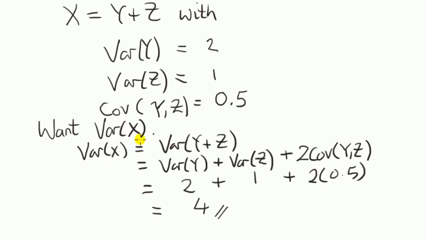The key point to come out of this question is that the variance of y plus z is the variance of y plus the variance of z plus 2 times the covariance of y and z. And if the covariance disappears, somewhere in the question or in the book it will usually say that y and z are independent of each other. But it's best to memorize it in the most general way.